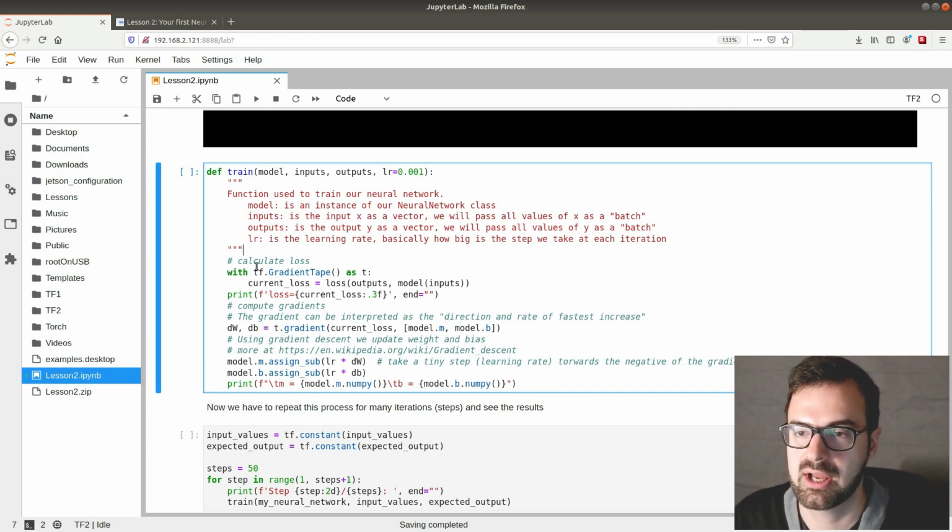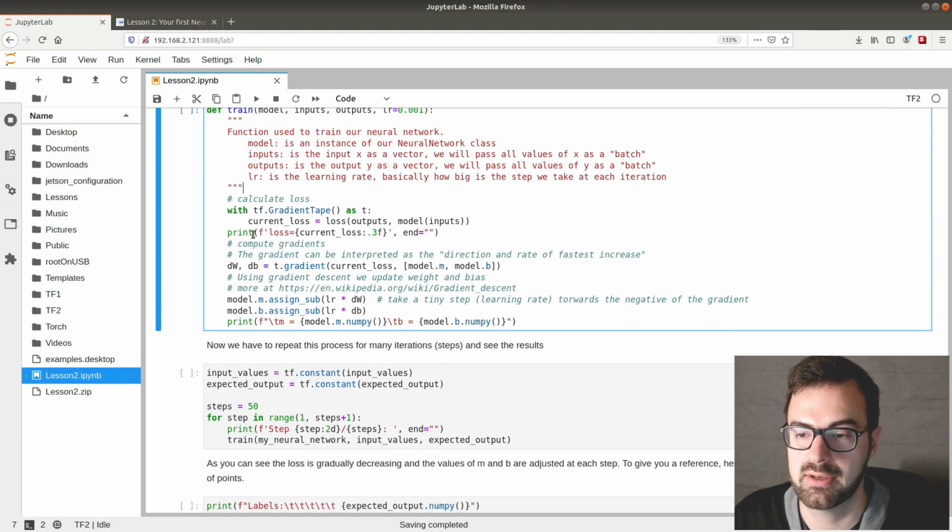So let's describe what's happening here. We have to go to those lines. Here we calculate the loss, and then we just print as information the current loss. We compute the gradients by taking the loss and passing also our variables, so m and b.